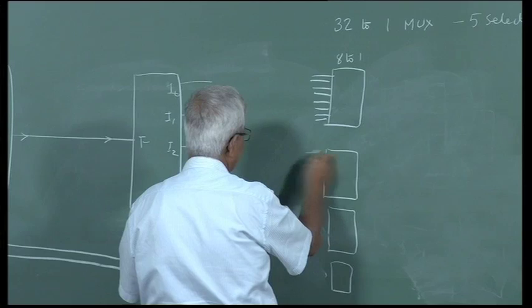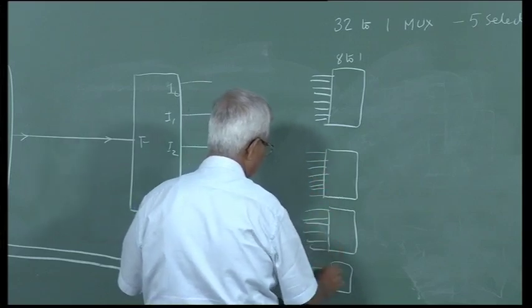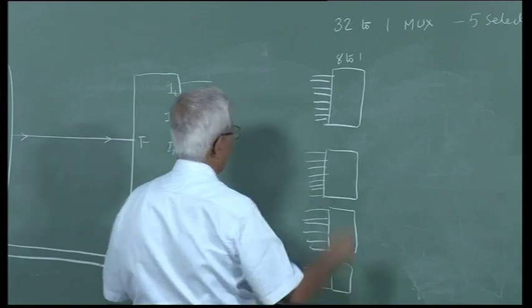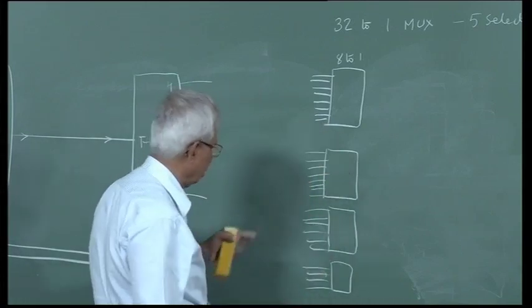Like that there will be 32, I am not going to draw everything. 8 to 1, 8 to 1, 8 to 1, 8 to 1, 4 times 8, 32 inputs are available.